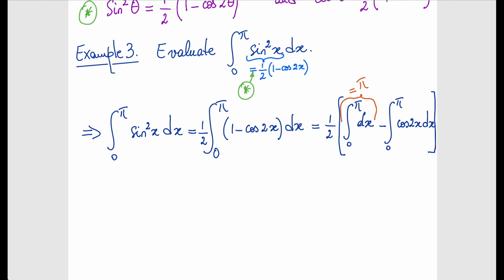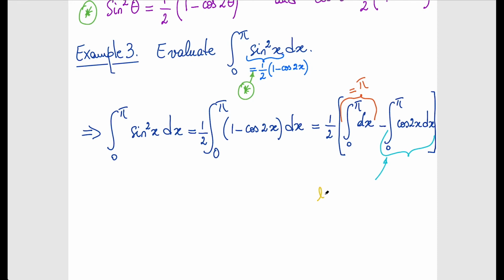And the other one is not hard, but a little harder than the first one. So this one here, what I can do is use a u substitution. So I can label 2x as u, right? So let's do that.